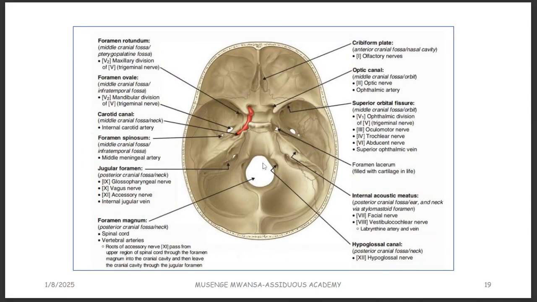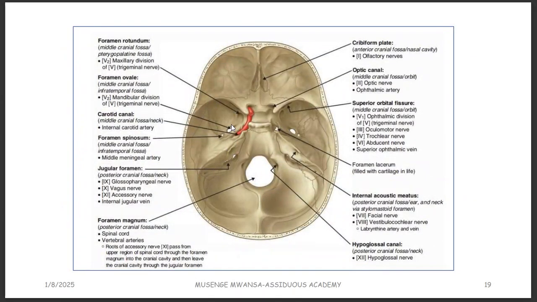You can see the hypoglossal canal is just on the very sides of the foramen magnum. And you can see the jugular foramen on this side, where I've got the glossopharyngeal nerve, cranial nerve 9, 10, and 11, and the internal jugular vein.